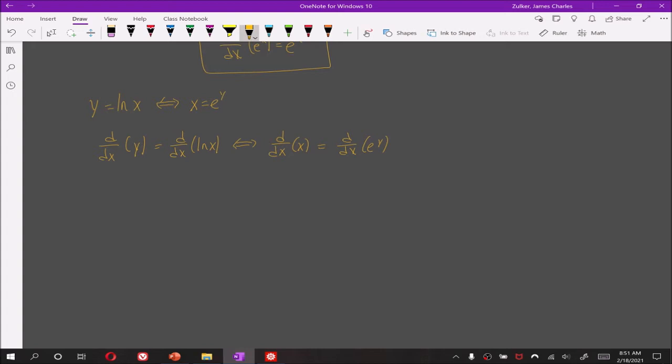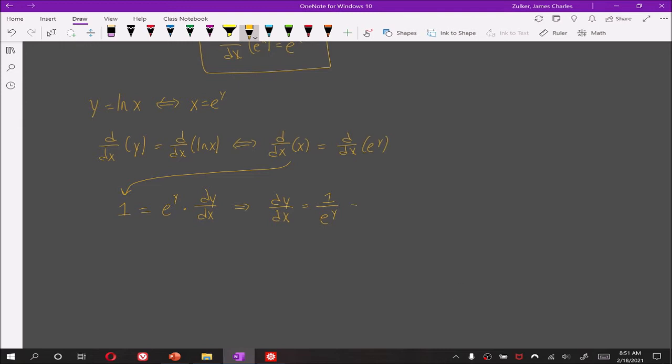Well, working with this piece, we find that equation gives us 1 equals e to the y times dy dx by the chain rule. We want to solve for dy dx. So we get 1 over e to the y.